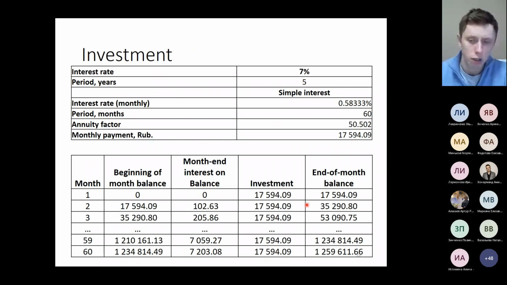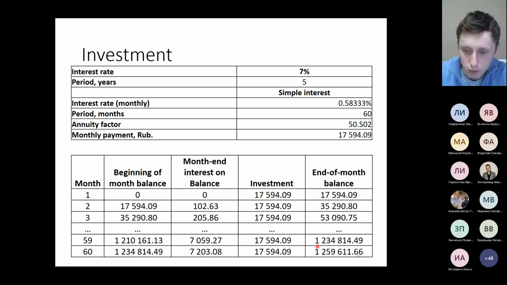In the Excel spreadsheet that we would share, there is the same table that we just discussed. Now, in order to save time, I would present it here. The principle is the same. We invest some amount of money and we earn some money on that. So this 102.63 is the result of multiplication of the beginning of the month's balance by the monthly interest rate.